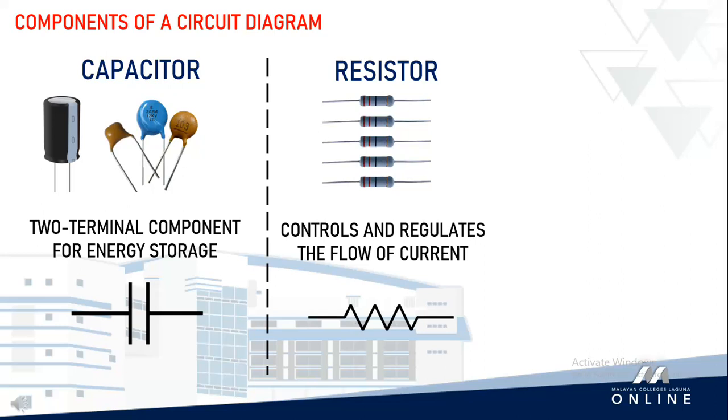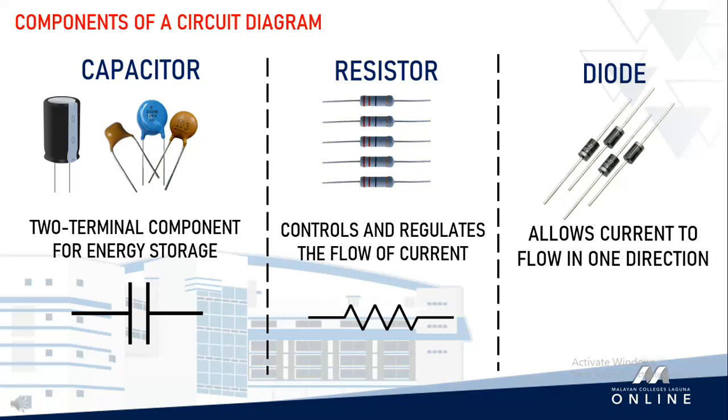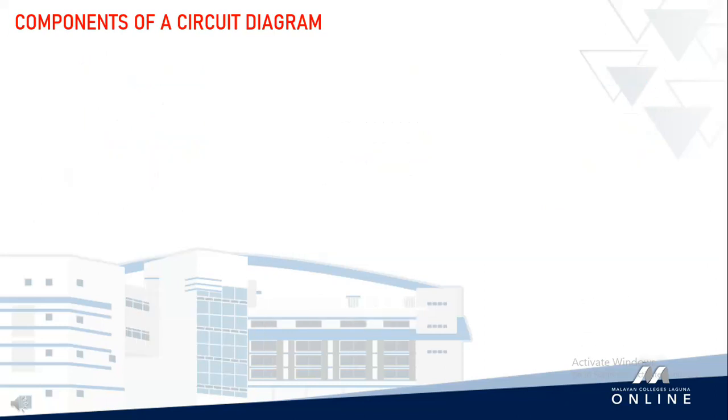Another important component in our circuit is a diode. This allows an electric current to flow in one direction while stopping it in the other direction. A schematic diagram of a diode varies depending on its type, but we can use this symbol to represent a standard diode. We also have a transistor.